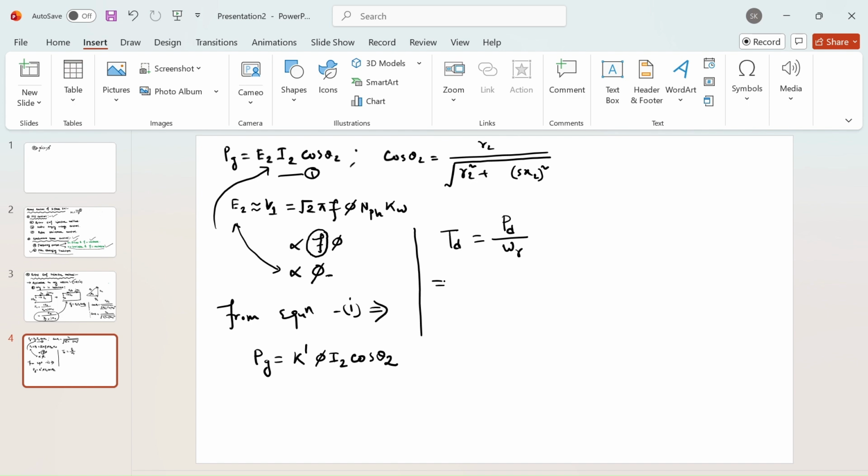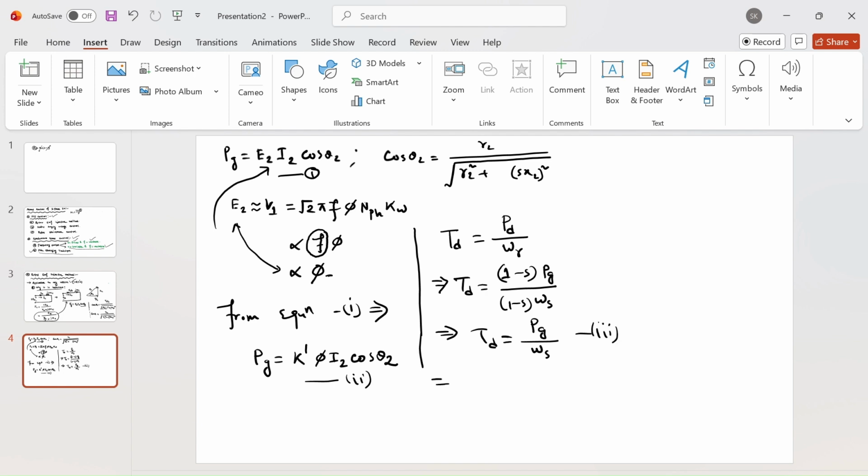Okay, so if you resolve the PD, TD is equal to (1 minus S) PG by (1 minus S) omega S. So TD is nothing but PG by omega S. Now put the PG from equation number 2 into equation number 3. If you put this, you will get TD equals K prime phi I2 cos theta 2 by omega S. I'm assuming a constant supply frequency, so the omega S will be constant.